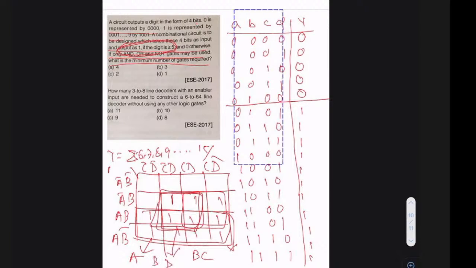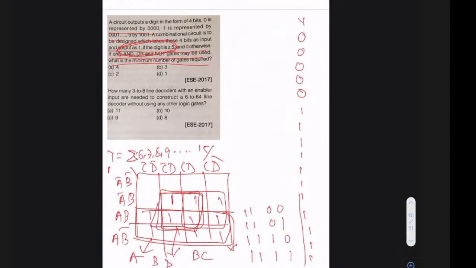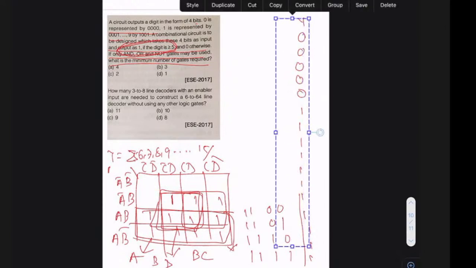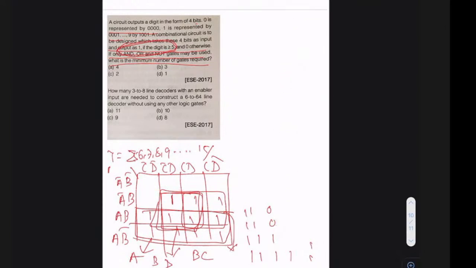So if I'm asking you what is the corresponding answer, that is the expression of Y. So the Y expression is A plus BD plus BC. If it is A plus BD plus BC, then you may take B as common. If you take B as common, it is D plus C. So if I ask you to implement this, you need an OR gate.